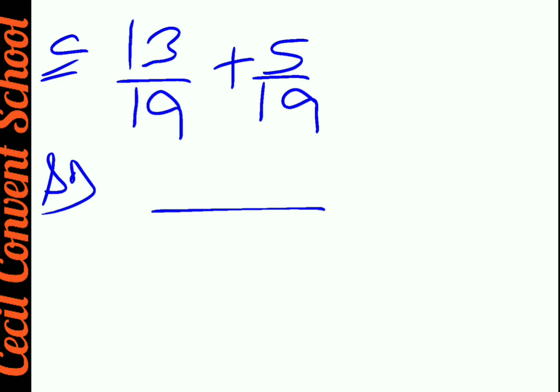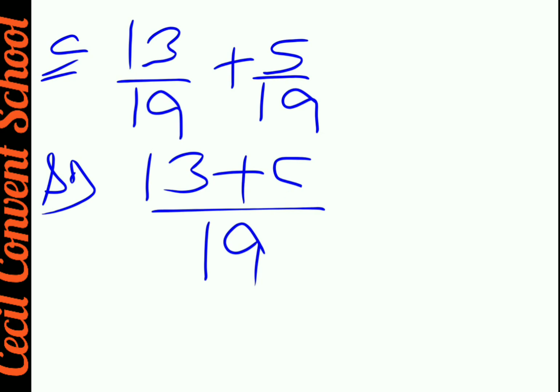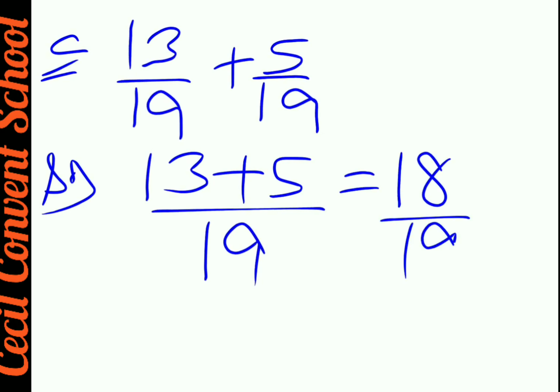So the common means both the numbers are the same, we consider it common. So we write the common denominator of it, that is 19 only, and now we add their numerators. So 13 plus 5, the answer will come 18 upon 19. Clear? This is the answer of C part.